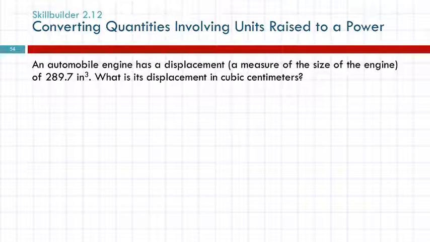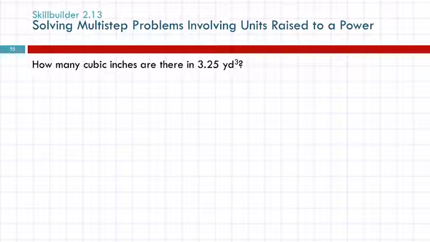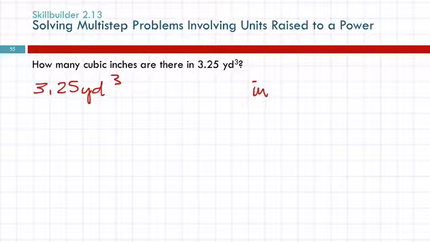Let's skip that one. Oh, that'll be okay. How many cubic inches are there in 3.25 cubic yards? So the number we're starting with there is 3.25 yards cubed, and we want to go to cubic inches.